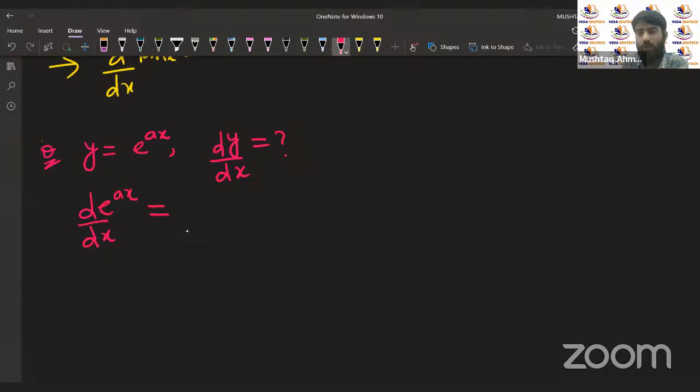So we'll take the total derivative of this function. It will be e to the power ax, and the derivative of this power, that's d by dx of ax.